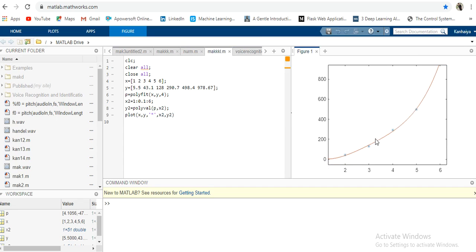Yeah, this is the polynomial, seen as the orange line, and the star is the data. This shows that this data is fitted on this polynomial. Okay, I think you got it.